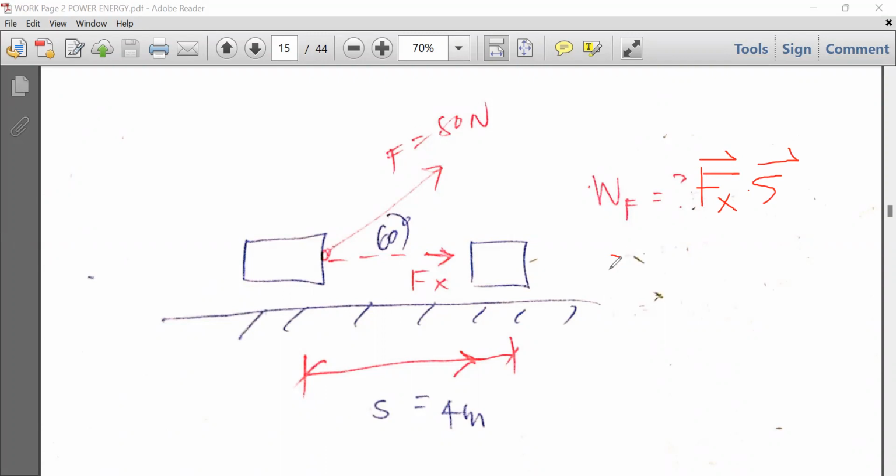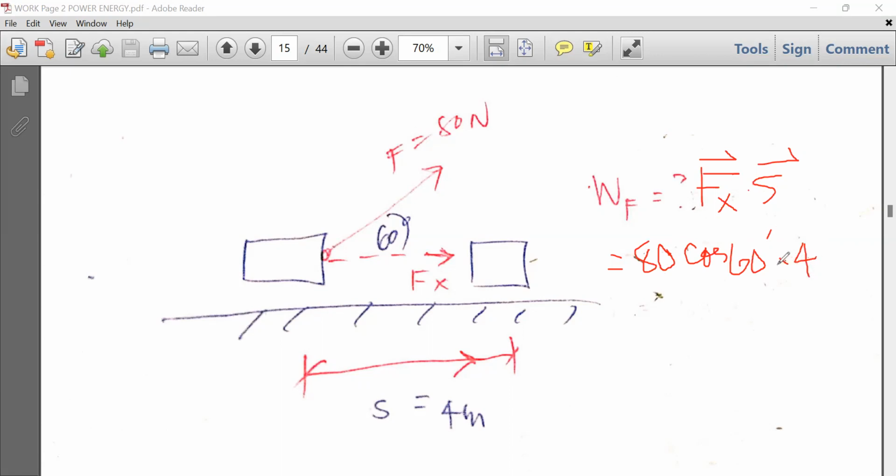So multiply 80 newtons by, remember F sub x is F cosine of theta. So what is cosine of 60? And then you multiply that with 4 meters.